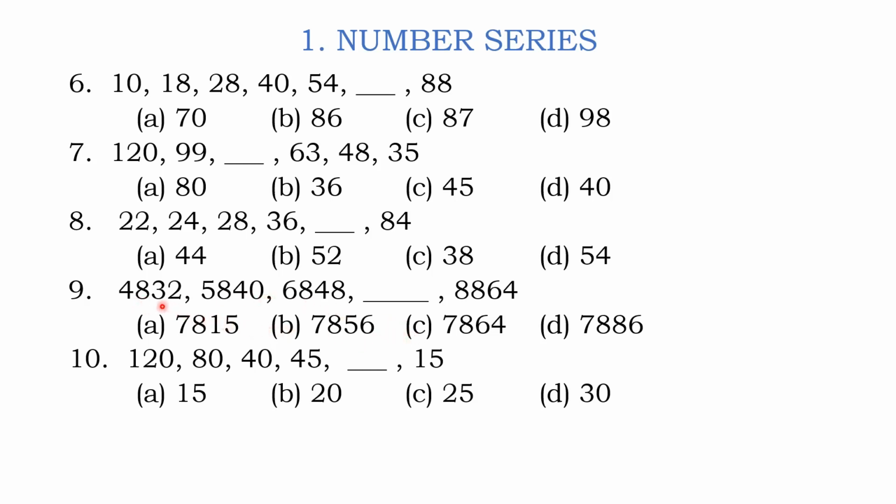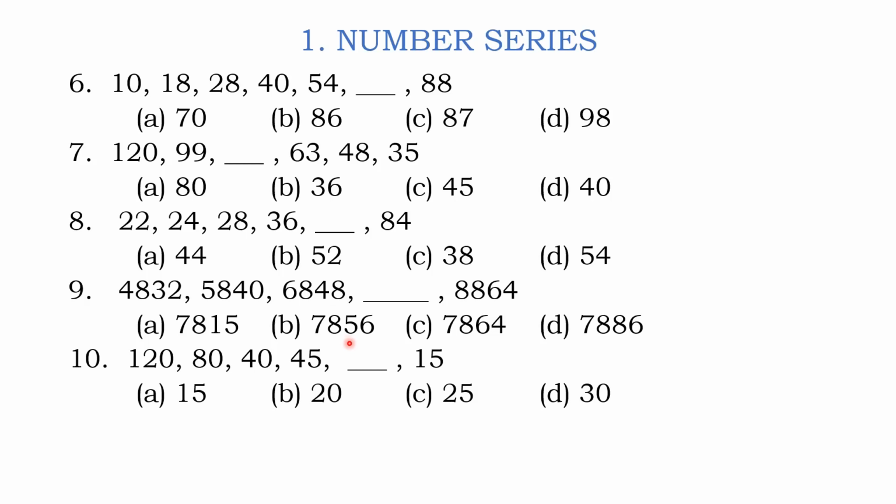Then we have to check the units and tens place, that is 32, 40, 48. The difference between the successive terms is 8, so 48 plus 8 is 56. So the successive numbers differ by 1008, so 6848 plus 1008 is 7856. So the answer is B.